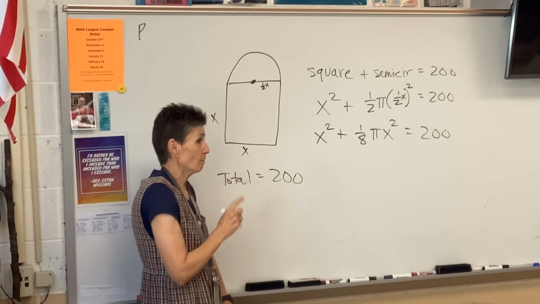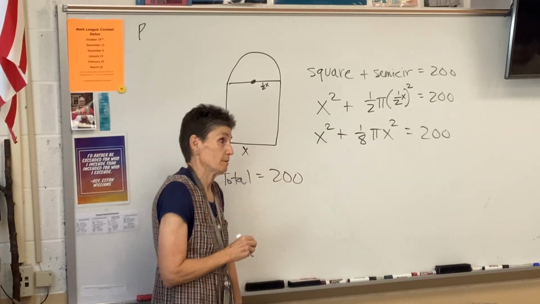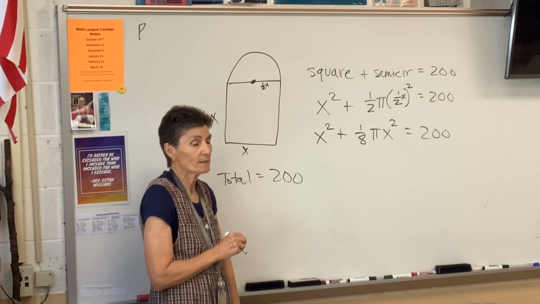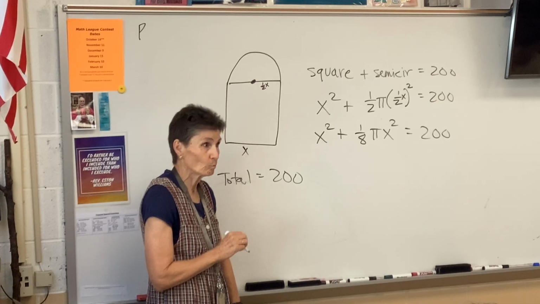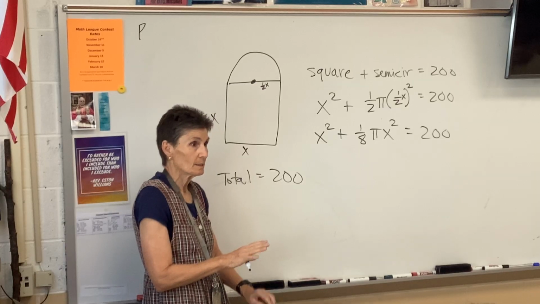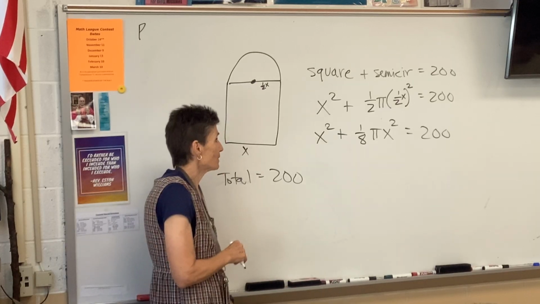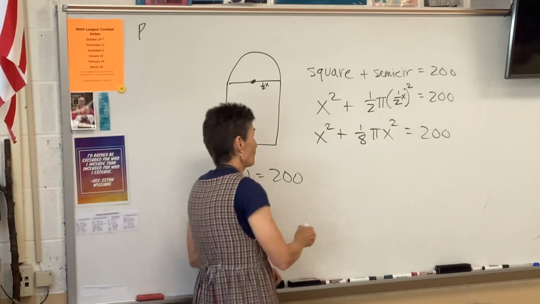And now I need to solve that. It is a quadratic equation, so you could solve it with the quadratic formula, but recognize that your b term would be 0, right? So since I don't have a b term, I'd rather just solve this by factoring out the x squared.